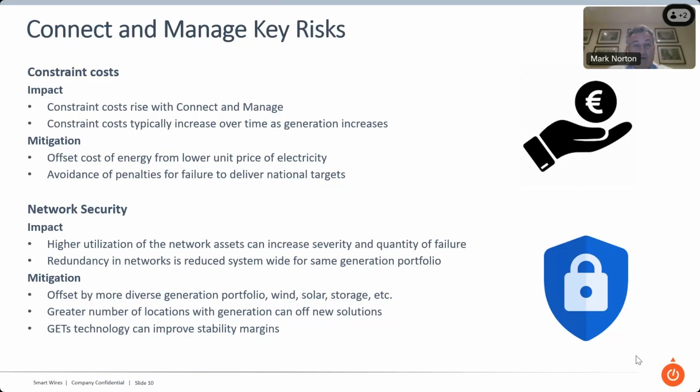And there were other countries as well, but France got to the point where they were having to go around very rapidly and find megawatt capacity credits from other countries. And they were looking at spending around €500 million, not a trivial sum, in order to try and make up that shortfall. So there is an offset there. Constraint costs will rise, but price of electricity is impacted, and you're avoiding penalties.